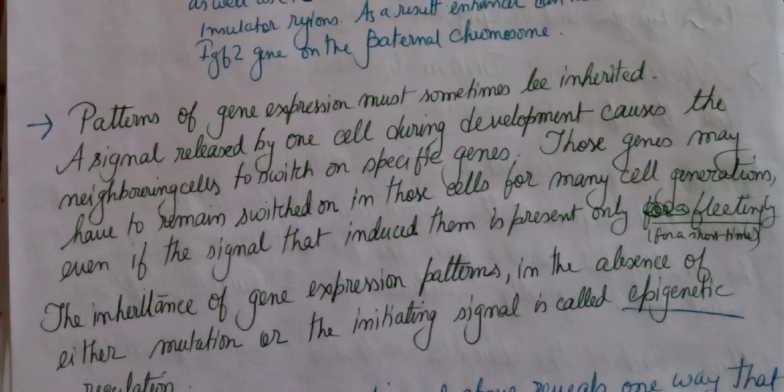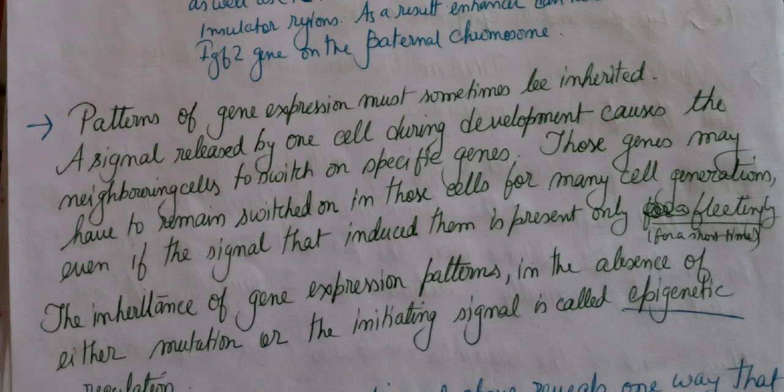So these patterns of gene expression must sometimes be inherited. I have spoken just about the H19 and IGF2 genes. These patterns of gene expression may sometimes be inherited, and a signal released by one cell during development can cause neighboring cells to switch off a specific gene.